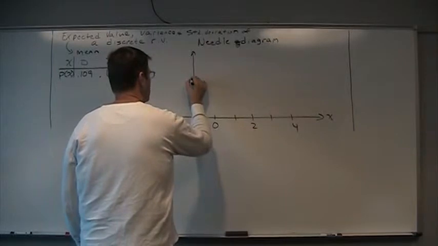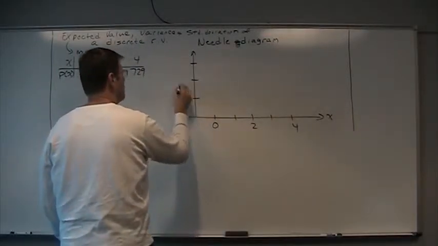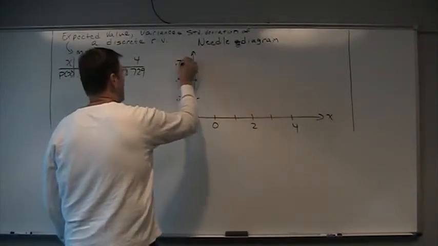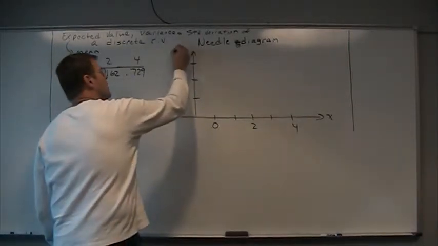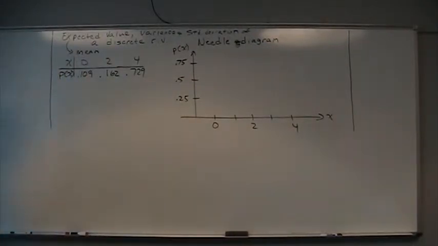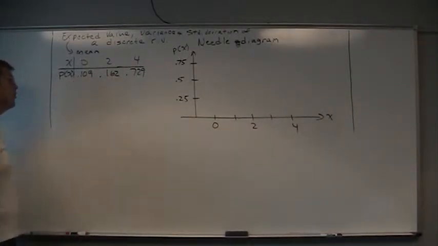So each one of these marks here, I'm going to make equal to a quarter. So there's 0.25, 0.5, and 0.75. And we'll get a rough sketch here. So this is little p of x. And what we're just simply going to do is draw a little needle, where the height of that line goes up to the corresponding probability.